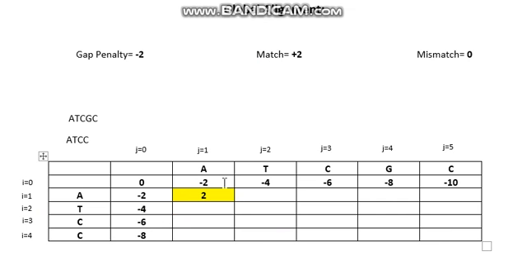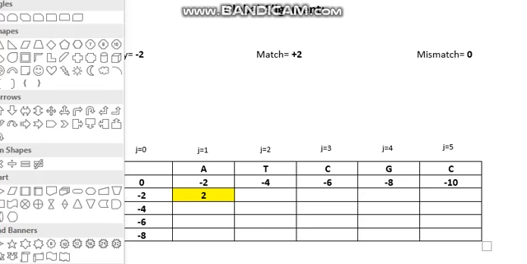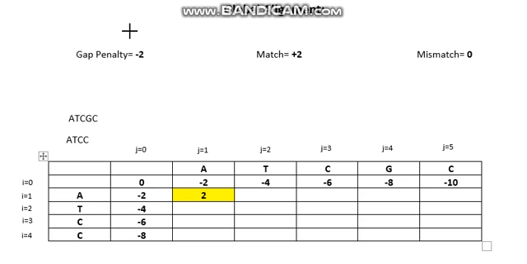If it came from this cell, it would be a vertical arrow. If it came from this cell, it would be a horizontal arrow, and since it came from this cell, I will put a diagonal arrow over here. So let's see how I do that, right? Now as you can see, I put a diagonal arrow because the value came from this cell.